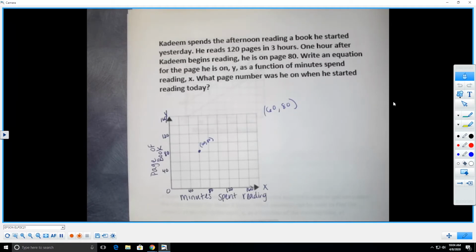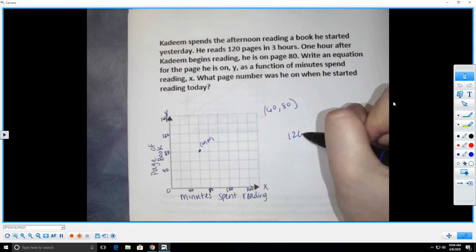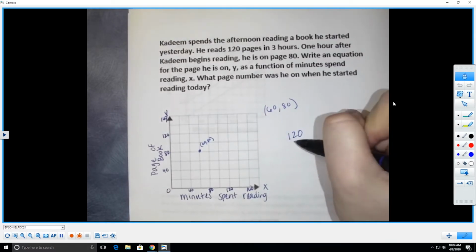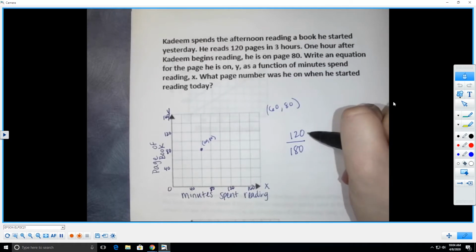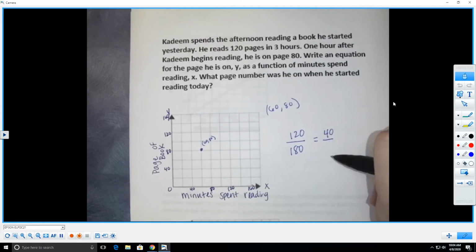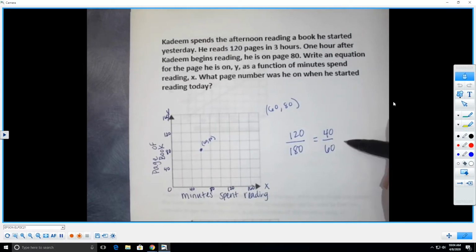Let's take a look. We have 120 over 180 minutes, page 120 over 180 minutes. So if we simplify that to 40 over 60, that will again simplify to 2/3.